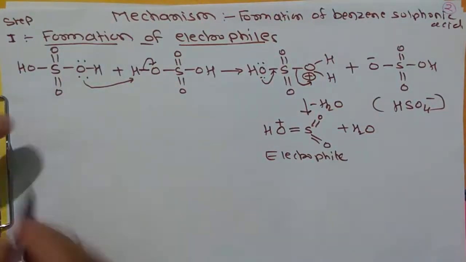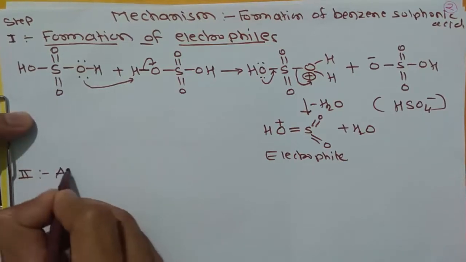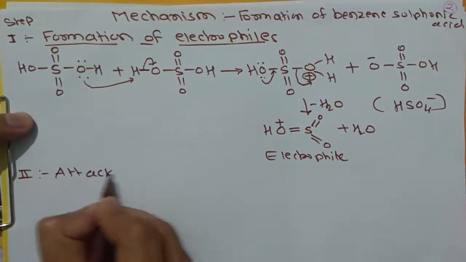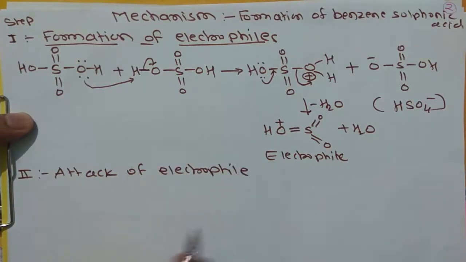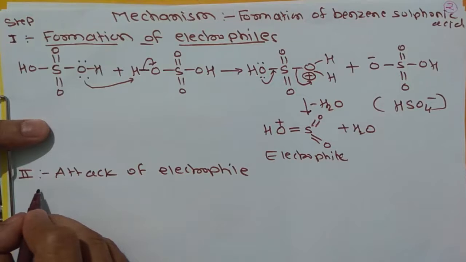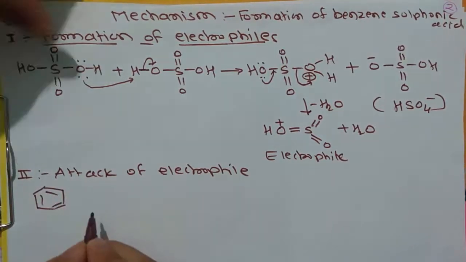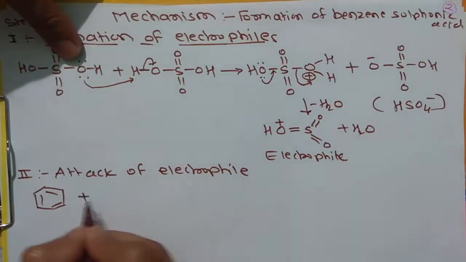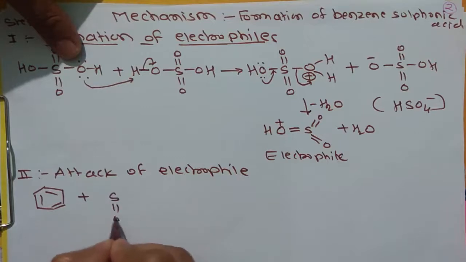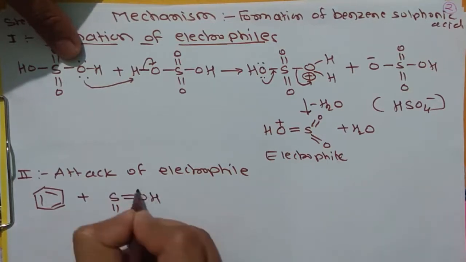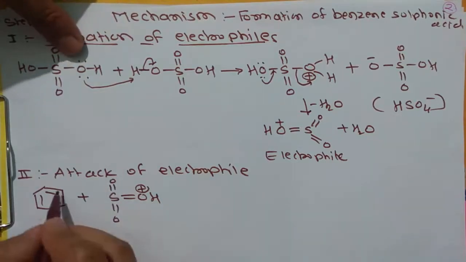Then we can go to the second step. What is the second step? Always the second step is the attack of the electrophile. See here, this is the benzene ring. In this benzene ring, the electrophile can attack like this. Here double bond O, double bond OH, positive charge, and here is the double bond O. What happens here?